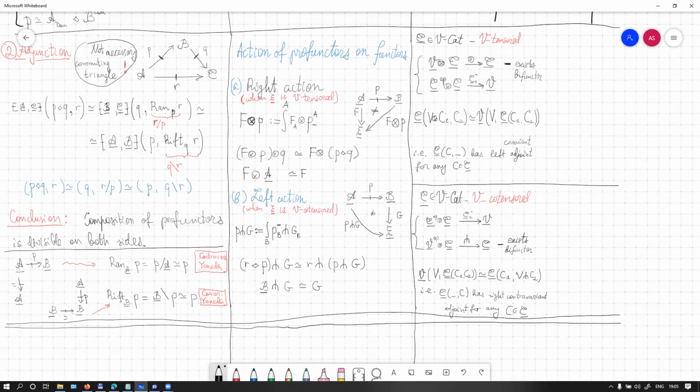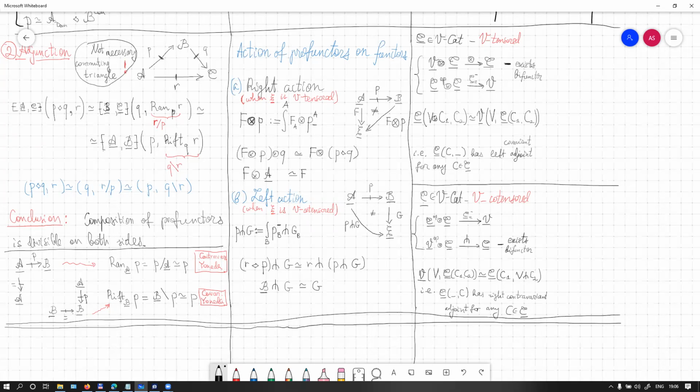We can write down the following triple adjunction. As usual in this adjunction, you can see one covariant and one right contravariant adjunction. So we see here that if we have product or composition of profunctors and natural transformation in the third one, we can extract or divide by either of the arguments in the composition on either side.